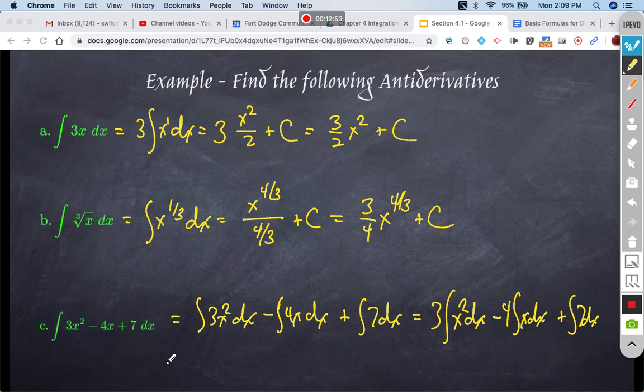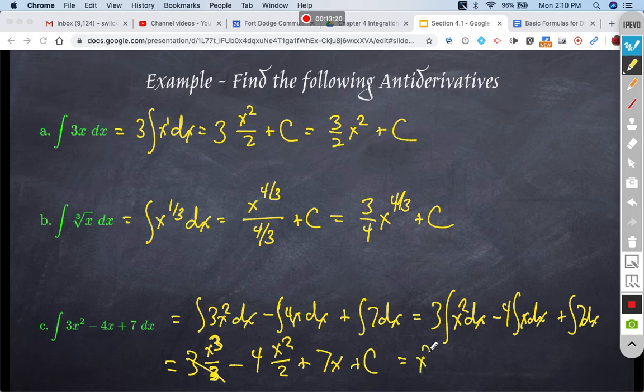And then I can use my formulas. So 3 times x cubed over 3, minus 4 times x squared over 2. The integral of 7 is 7x. And I have my constant. So I'll clean this up by saying 3 over 3 is just going to be x cubed. 4 over 2 is going to be 2.